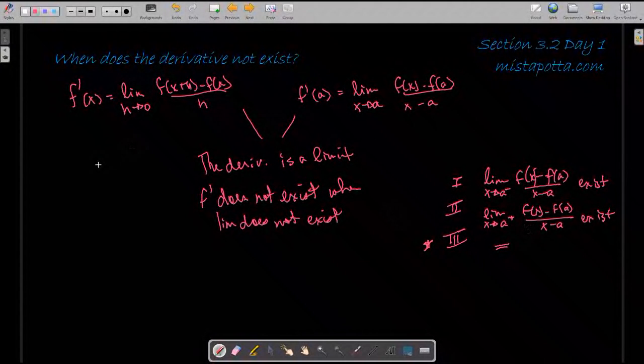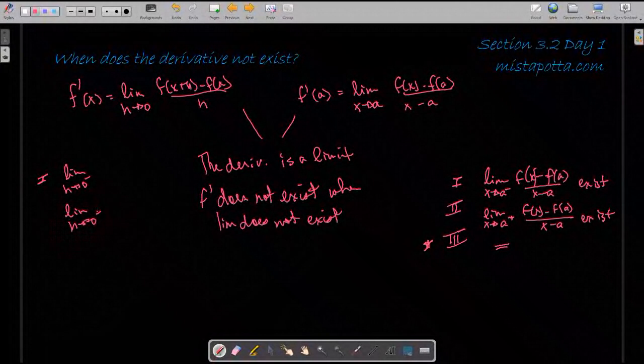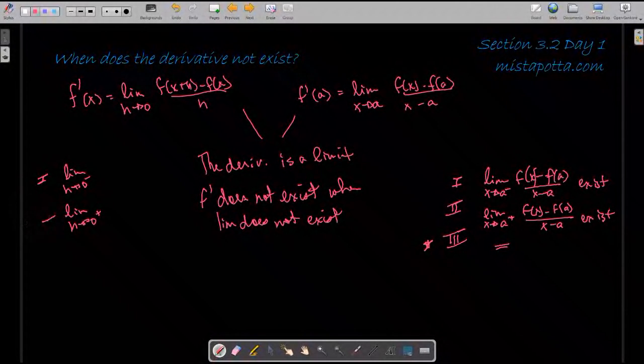Of course, in the case of our original definition of the derivative, I'm looking for the limit as h approaches 0 from the left, or the limit as h approaches 0 from the right. So these are the limits that we've talked about here, and of course step 3 is that they have to be equal.